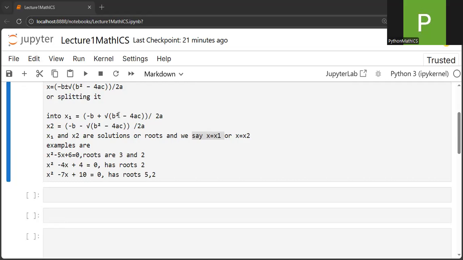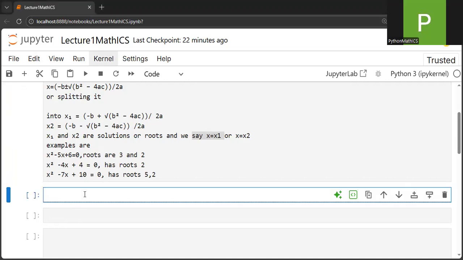And again the power operator here, b square, and again minus, multiplication and division. So if we sum up, we need five operators: addition, multiplication, division, and the power. So let's see how we write it in Python.